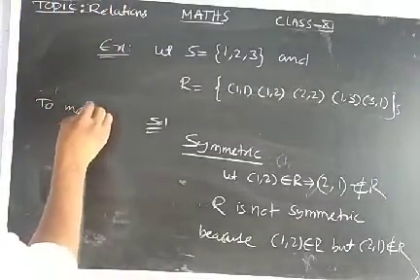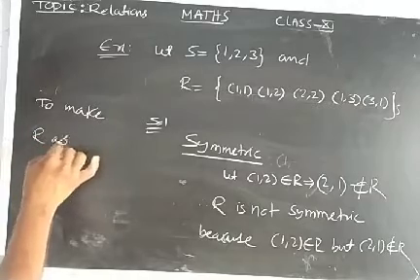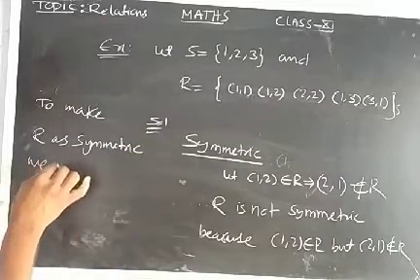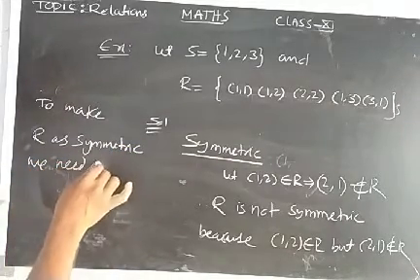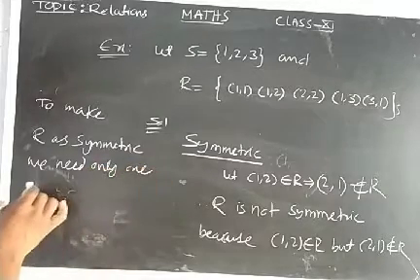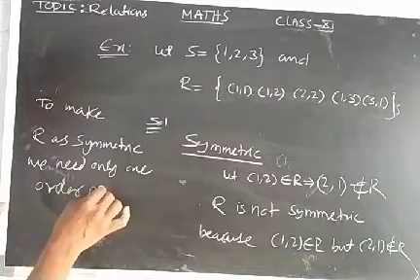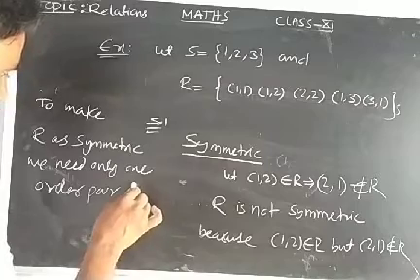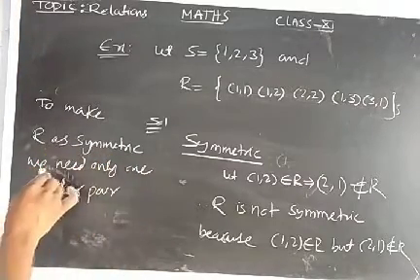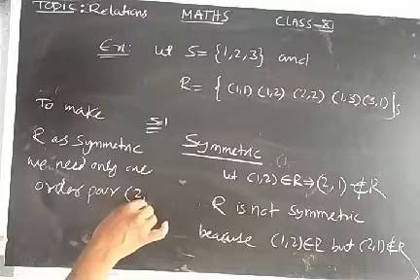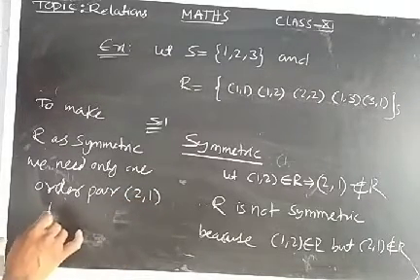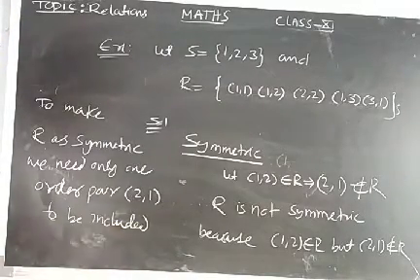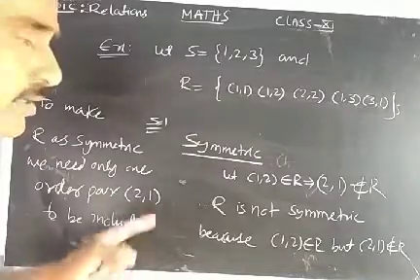To make R symmetric, we need only one ordered pair. That is 2 comma 1 to be included. This ordered pair is included. So how many ordered pairs are needed? Only one ordered pair.